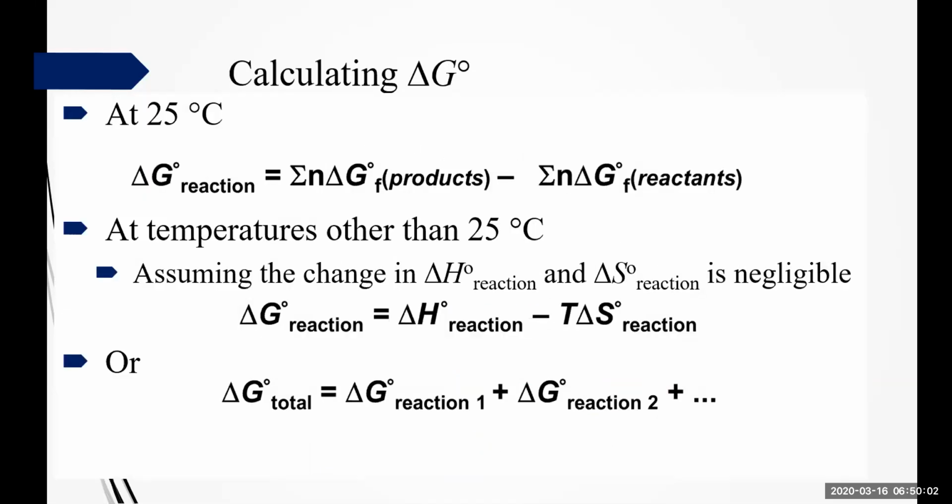And so by now, we should be able to calculate our Gibbs free energy, right? Now, we've been doing this in a couple of different ways, and one of them is that we can just add up the Gibbs free energy of formation for the products and the reactants.